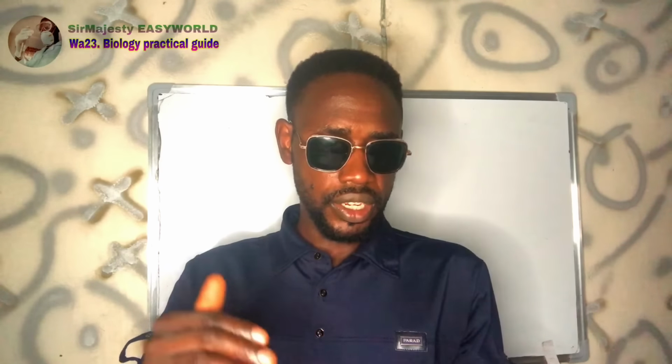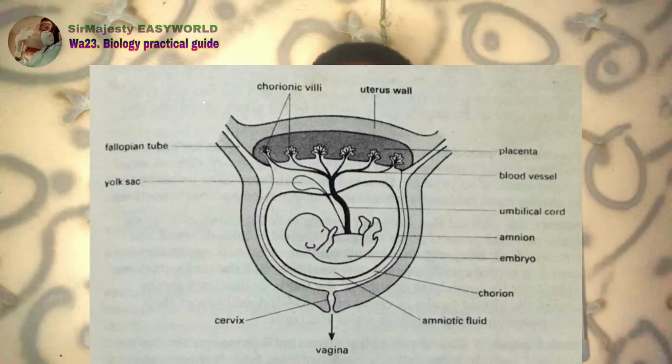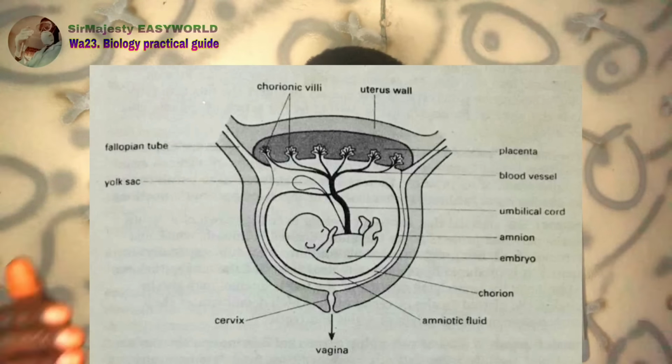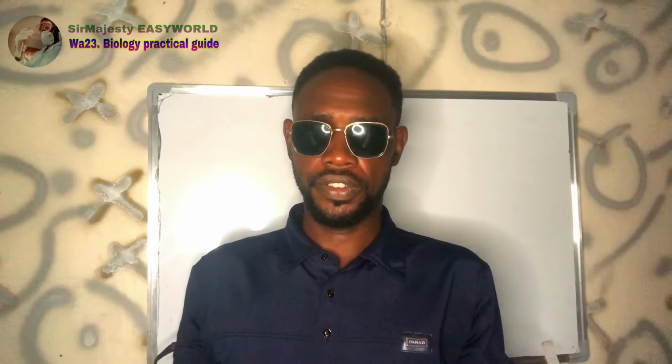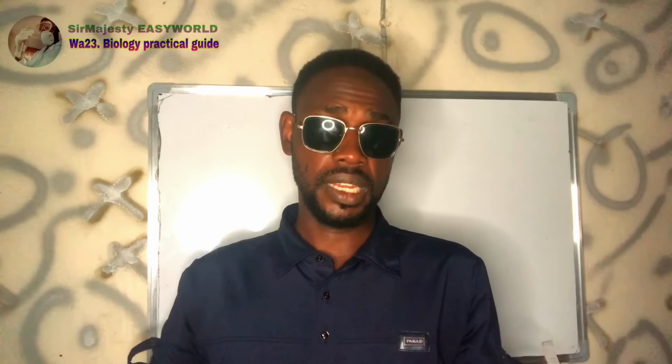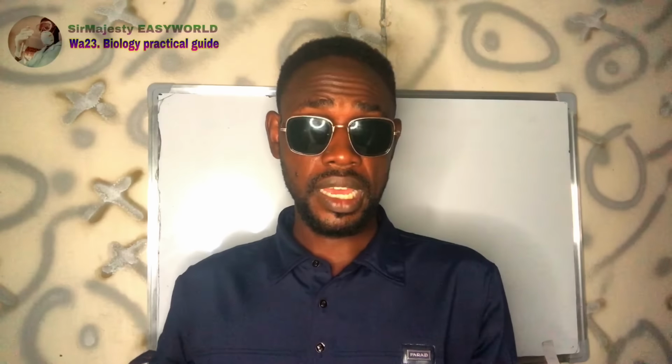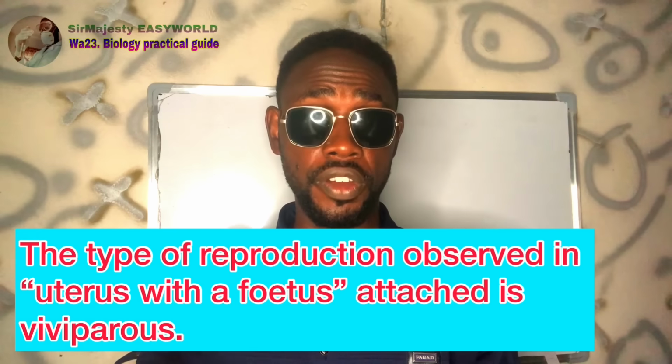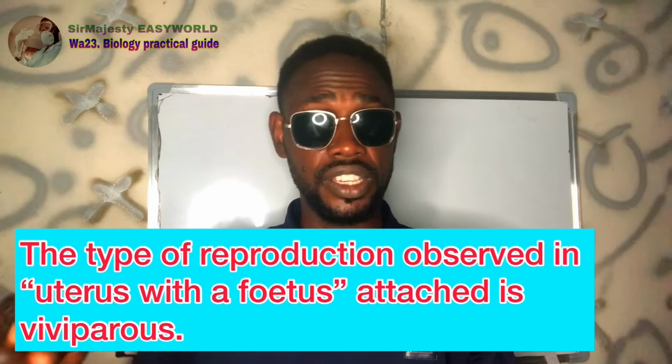Then we also have to look at the uterus containing a fetus and the longitudinal section of the ovary of Pride of Barbados. If you look well, these two are reproductive in function. A similarity among them is that both possess placenta. Yes, there is placenta in the longitudinal section of the ovary of Pride of Barbados. There is placenta in the uterus.